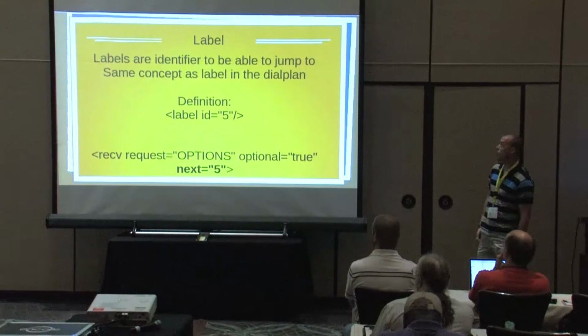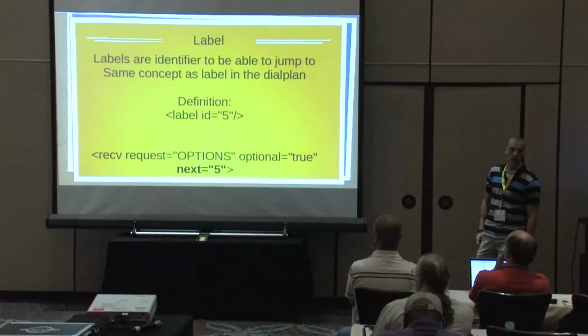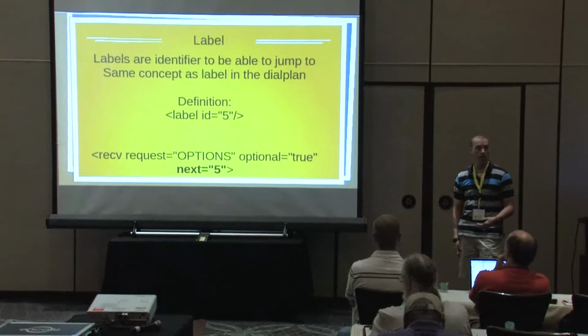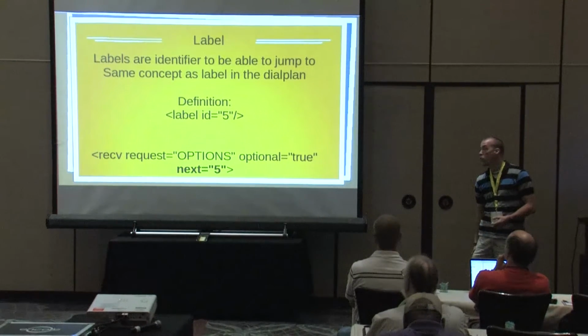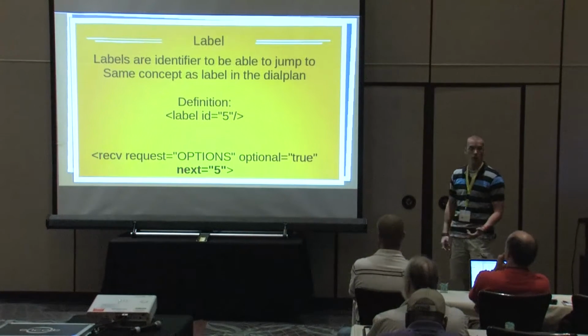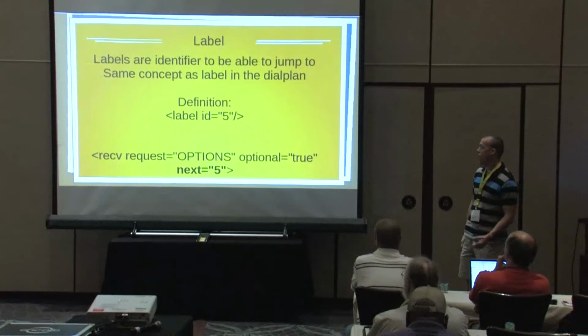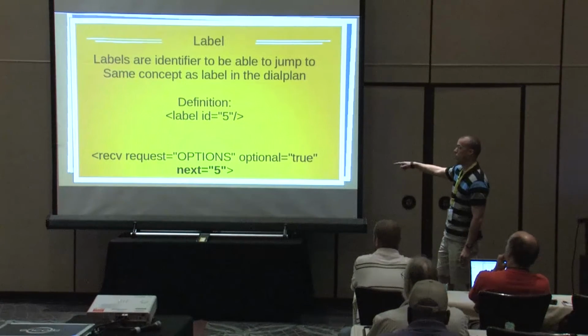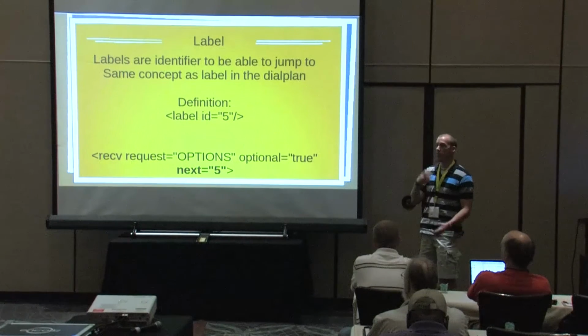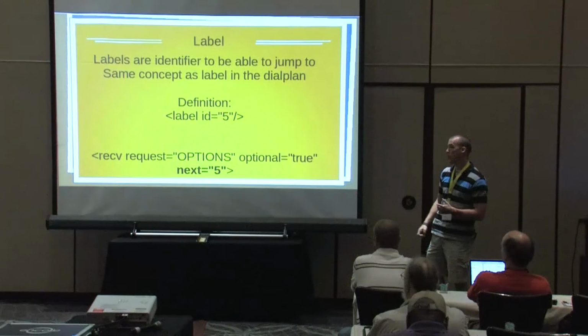You can define a label as well. The define is exactly like a label in the dial plan in extensions.conf. You simply define it as a label ID and a numeric value. For example, when you have qualify equals yes in your sip.conf, it sends periodic SIP options.